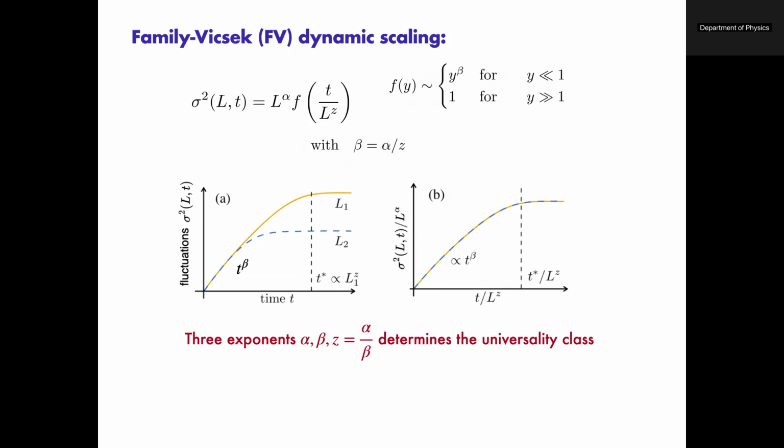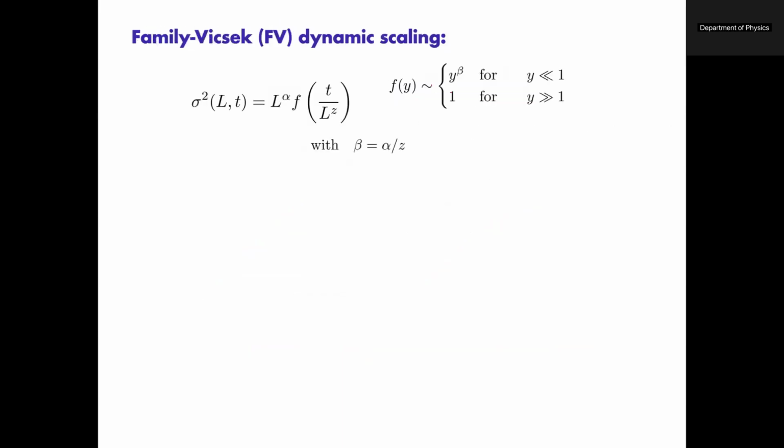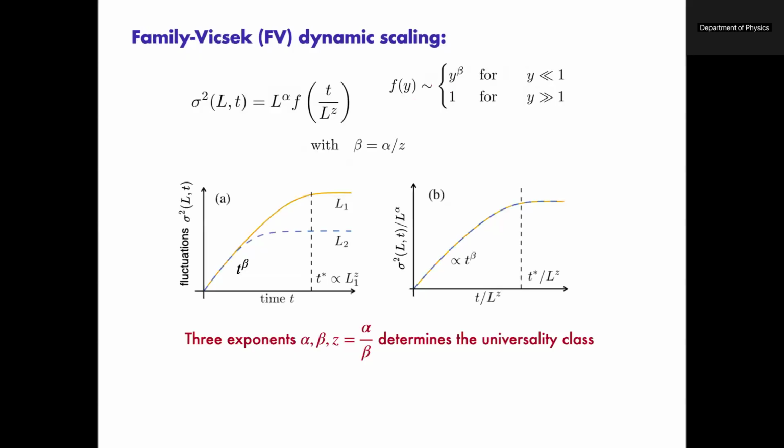That is what you expect, but you don't know what universality class your model is in, so that is something you need to figure out. You have to find two independent exponents, and then the third gets immediately fixed.